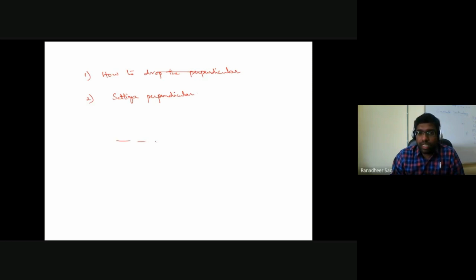Let's say this is my survey line AB. Here I have one house. Now, from the position of the house, if I say drop a perpendicular, that is the first statement which I made. That is nothing but how to drop the perpendicular.